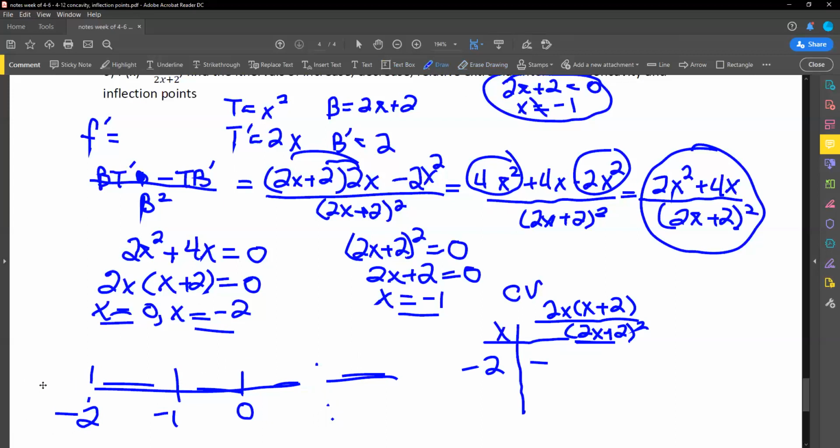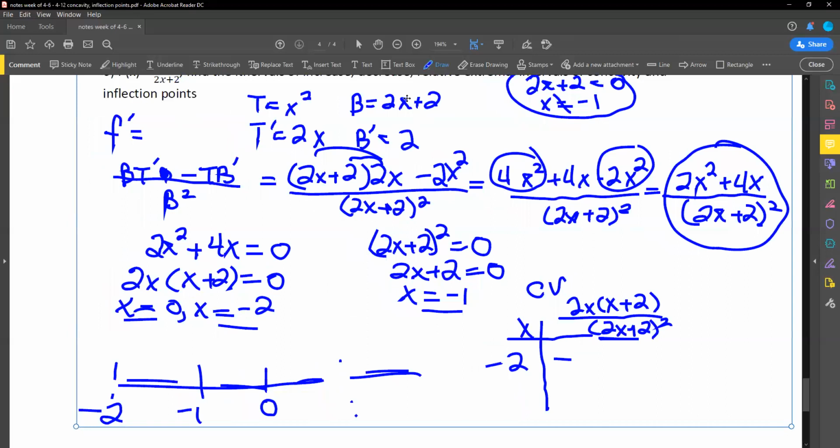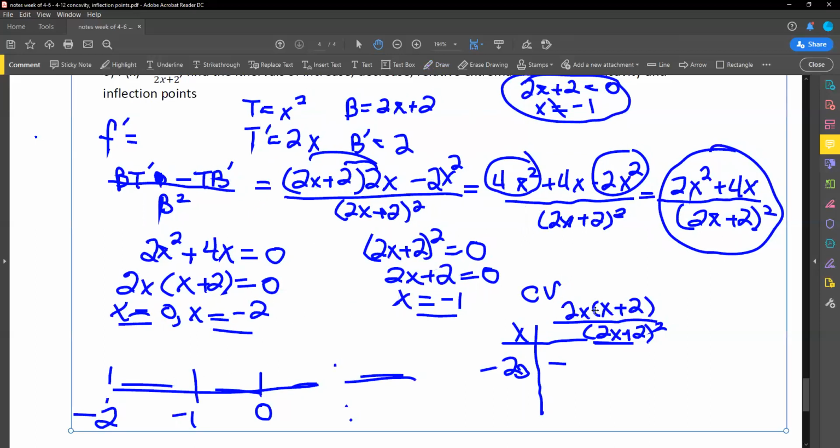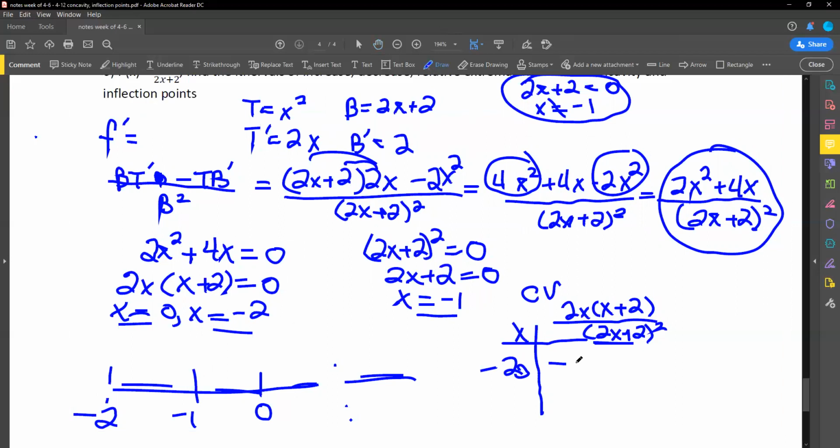All right, so we're going to pick a number less than -2 to test. So let's do -3. So 2 times -3 is -6. That's a negative. And -3 plus 2 is -1. So you have a negative times a negative over the bottom, which is always positive.